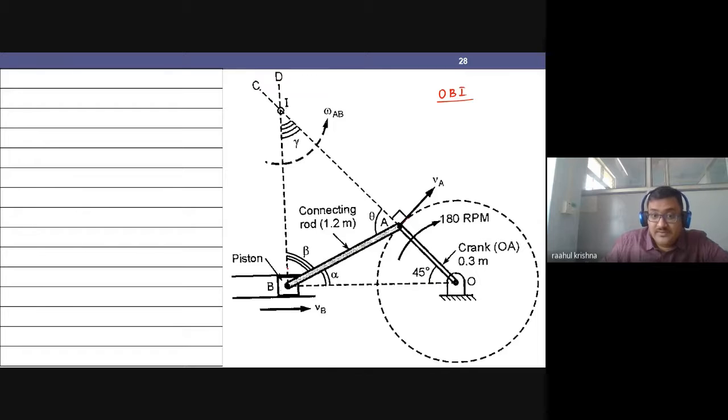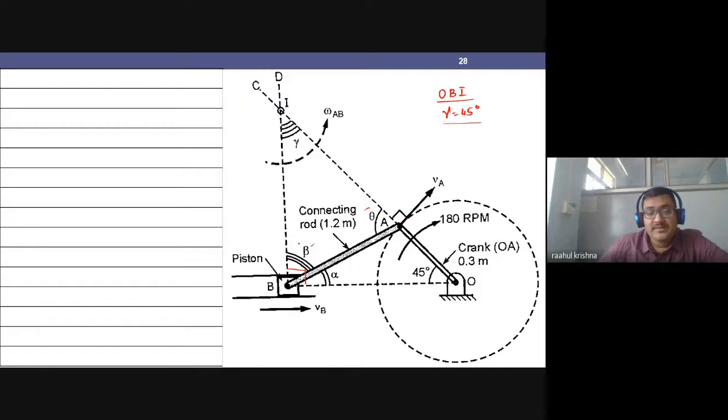The second angle is 90 degrees plus alpha, and the other is 90 degrees. So gamma becomes equal to 45 degrees. Now I have to find out my angles theta and beta.